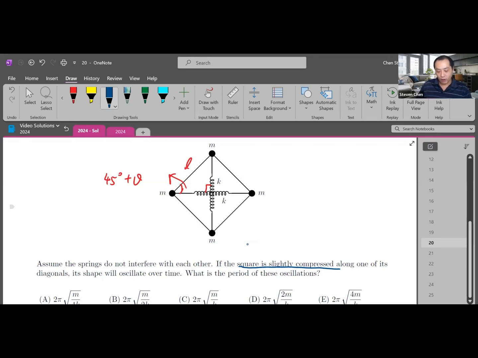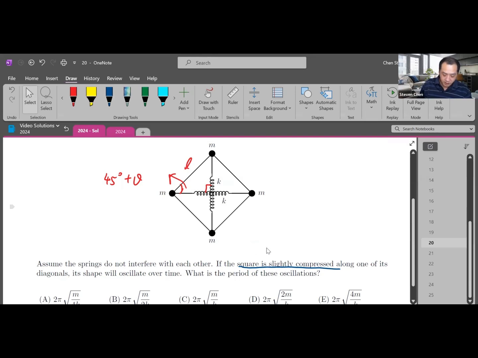Therefore, we define theta in such a way that our analysis will be for small theta. Otherwise, if we define 45 plus theta as a new variable, say alpha, we always need to remind ourselves that alpha is close to 45. That could make the analysis hard, because we have enough tools to analyze values close to 0, not close to some other numbers. So this is the key reason.